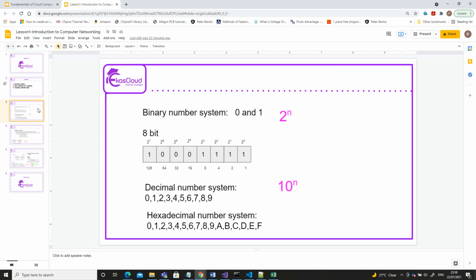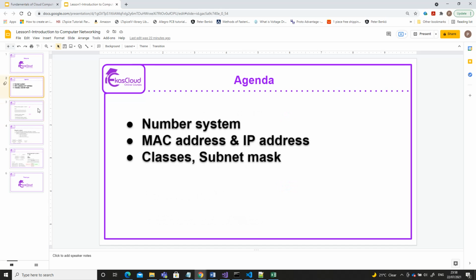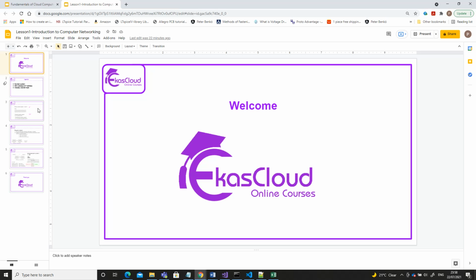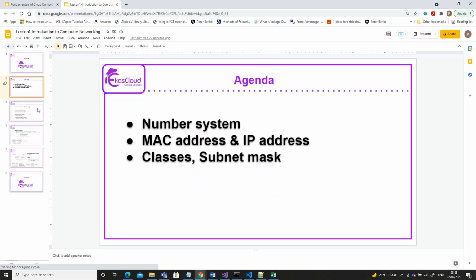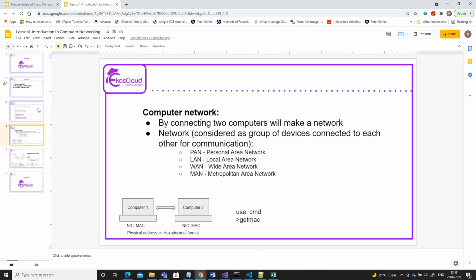Once we understand that conversion between the binary and decimal systems, then we can go further and talk about computer networking.